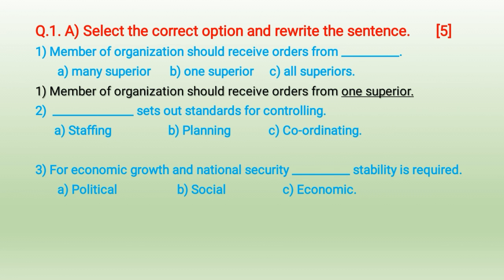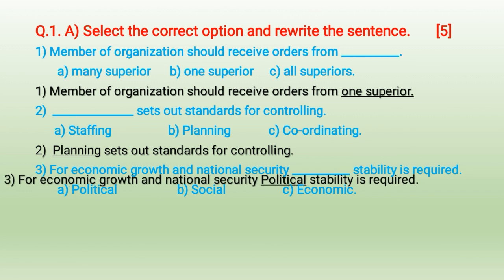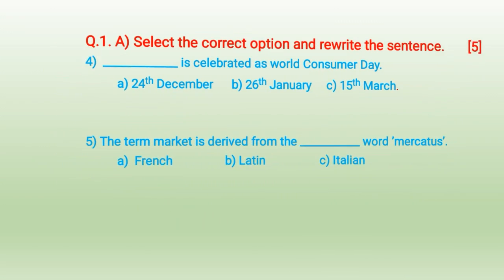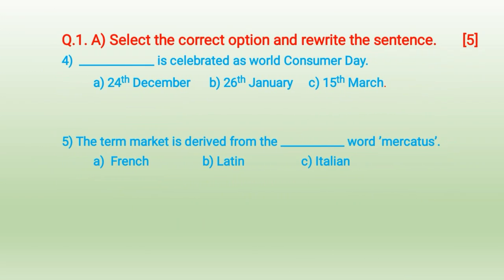Okay, the next one is dash dash sets out standards for controlling. You know that the answer is planning. Next is: for economic growth and national security, political stability is required, right? Dash dash is celebrated as World Consumer Day.